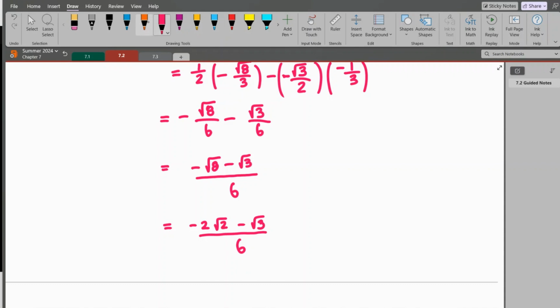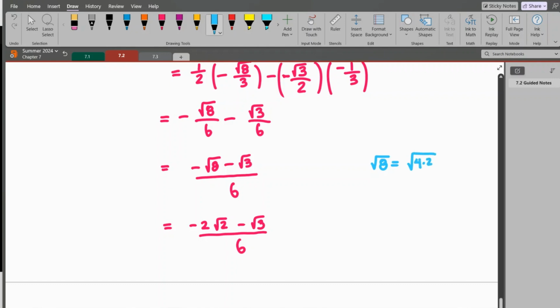And if you have forgotten how to simplify radicals like that, the idea is that you can rewrite that 8 as a product of a perfect square and another number. And then when you take the square root of a product, you can just take the square root of each piece separately and then multiply. The square root of 4 is 2, and the square root of 2, you can't simplify any further. And so that's how we ended up with this thing over here.